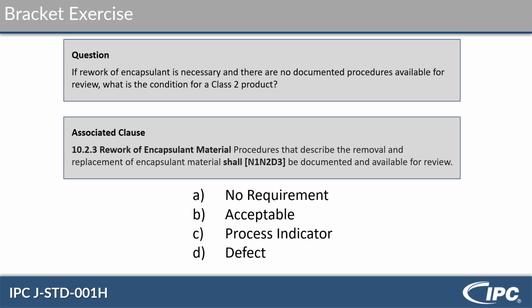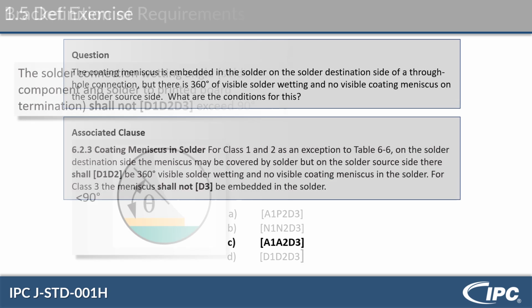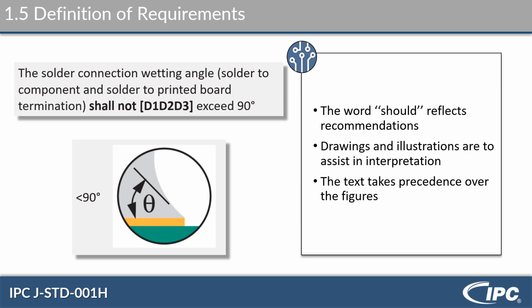What does the bracket say? N1, N2, D3. So it is only a defect for class 3. It is not required for class 1 and 2. What is the condition for class 2 product? That's going to be a no requirement. That's a similar question that we can just skip over.